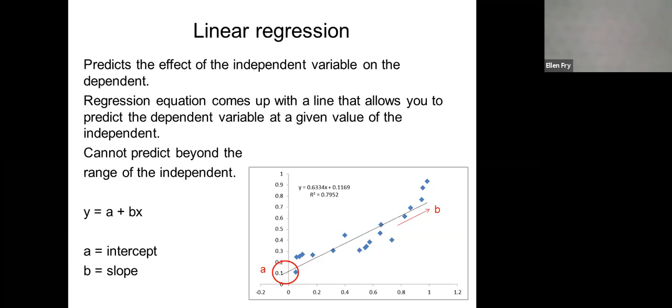Every straight line on a graph has two main parameters, and this is what we're trying to calculate with our linear regression. We are calculating the intercept, which is where the line meets the y-axis, so A on the graph. You see that it cuts just above 0.1.